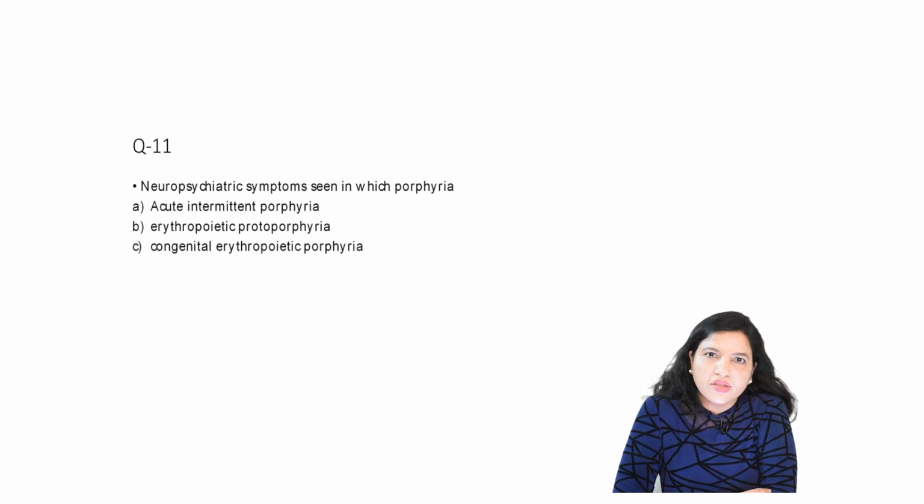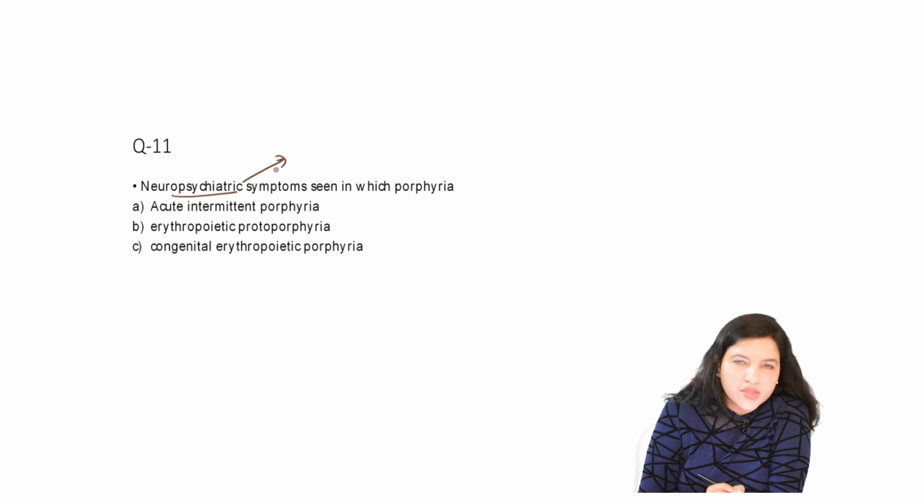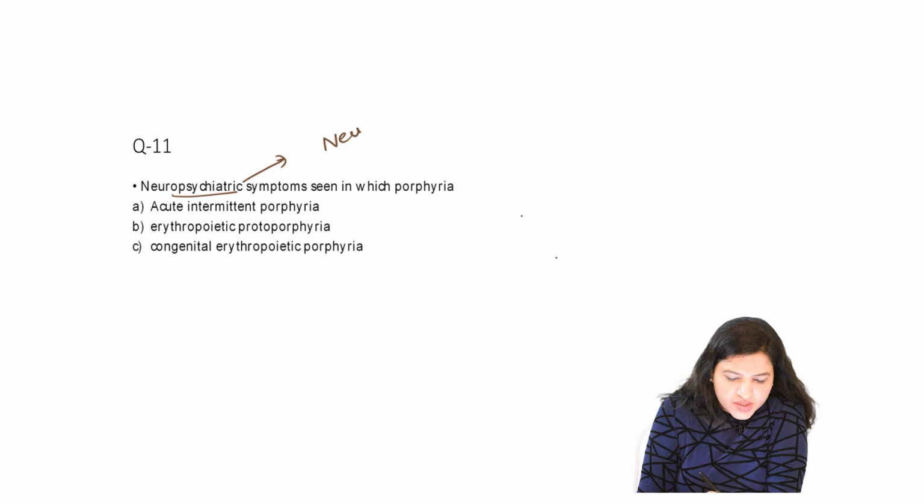Moving on to question number 11, neuropsychiatric symptoms are seen in which porphyria? The options here are acute intermittent porphyria, erythropoietic protoporphyria, congenital erythropoietic porphyria. Neuropsychiatric symptoms are a part of neurovisceral symptoms.